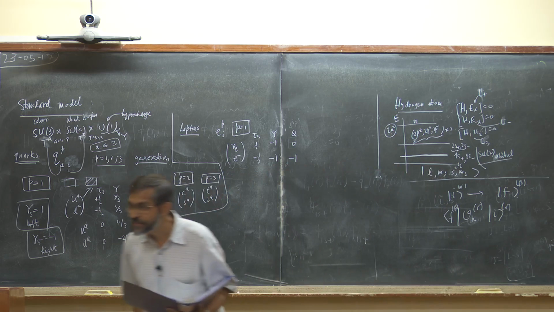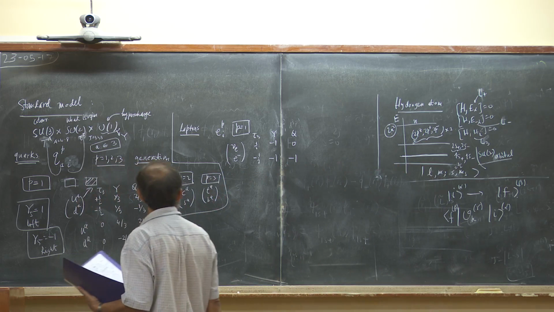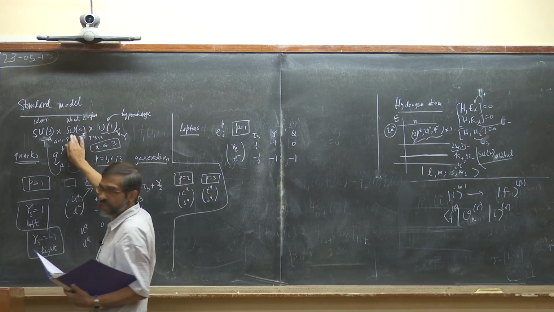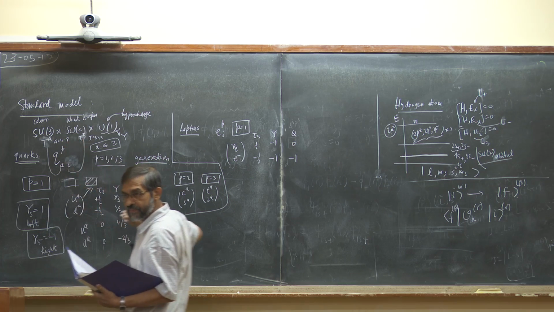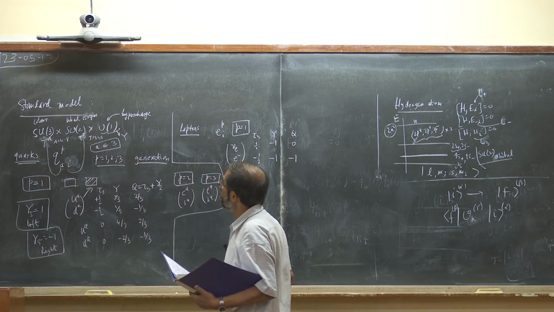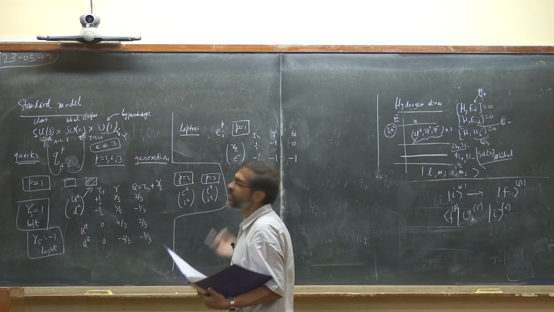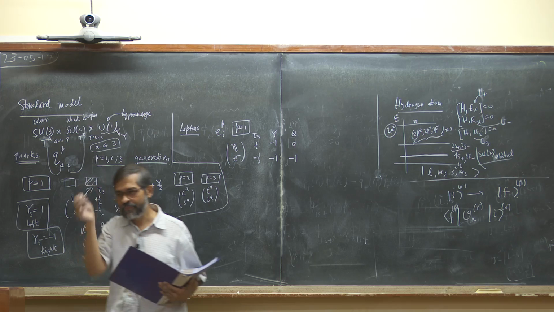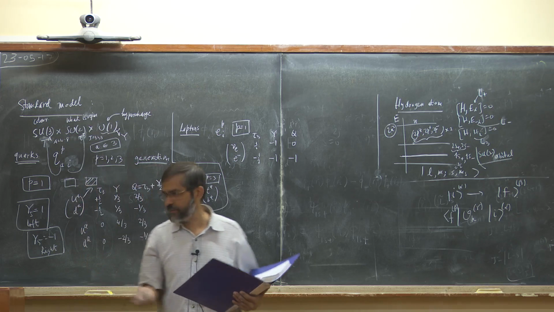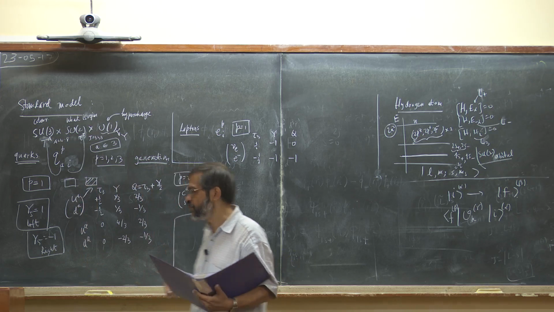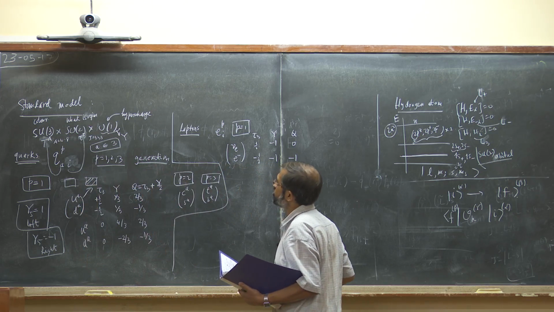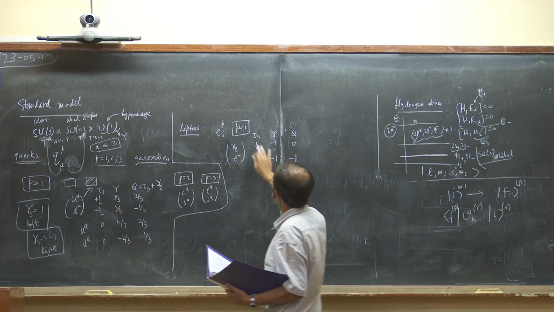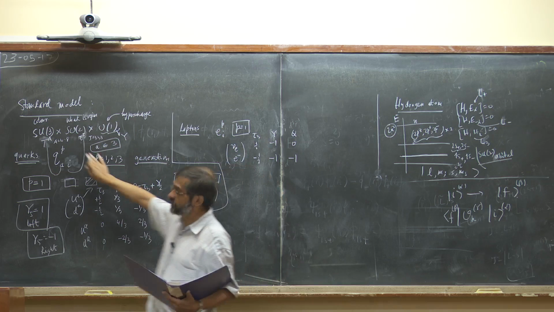This SU2 is the same. The name, well, it should be called the weak SU2. You know, this isospin is a historical name given to something which I am coming to in just a moment. So this tau 3 is the same as in here.